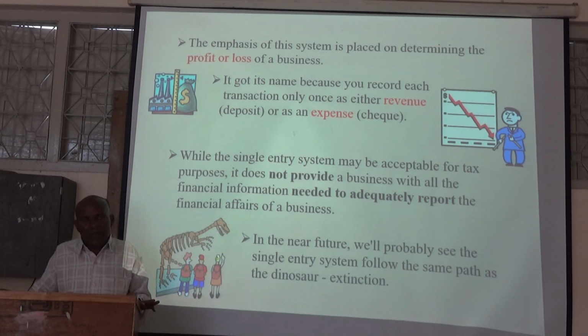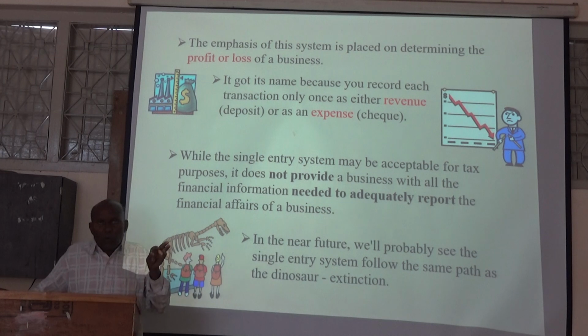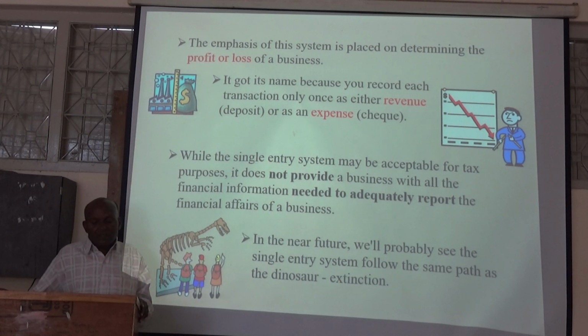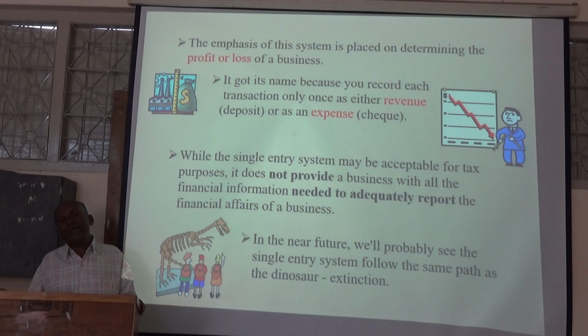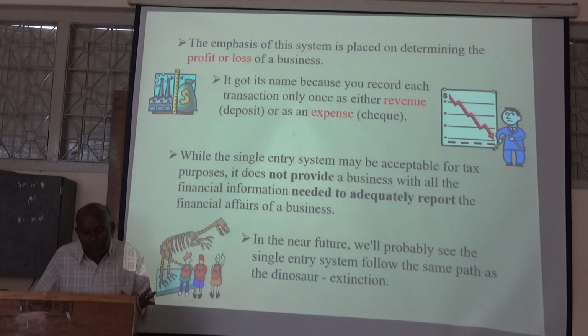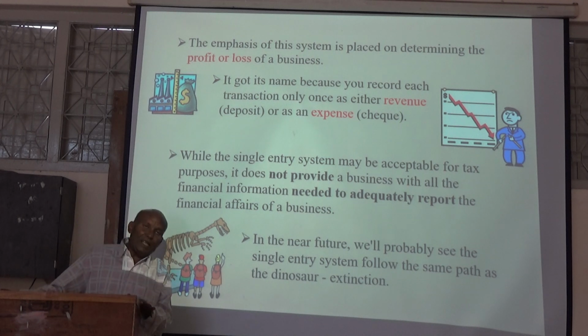Under this method, to find out the profit or loss of the business, some steps are essential. Step one is to prepare the opening statement of affairs to find out the opening capital balance on the date of beginning.